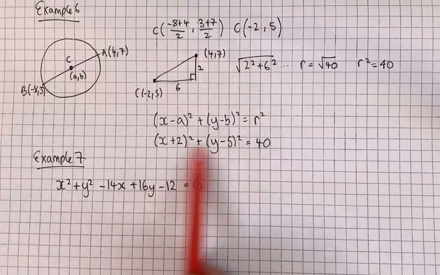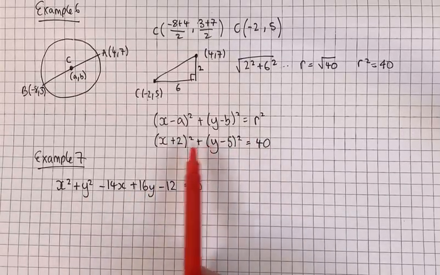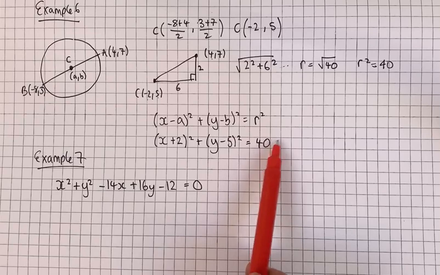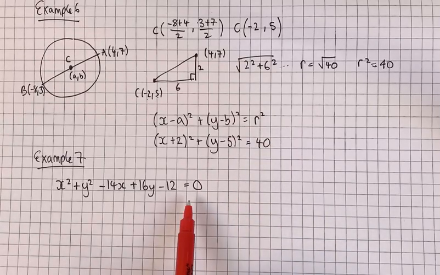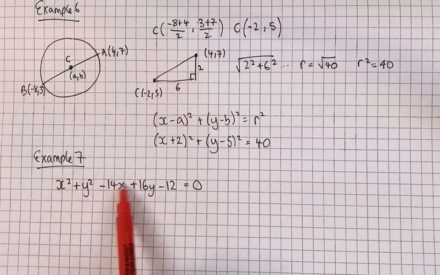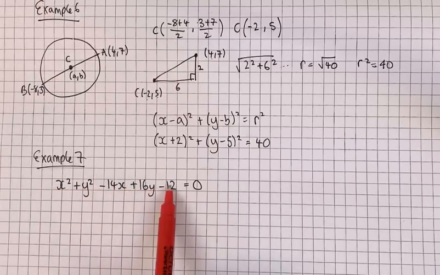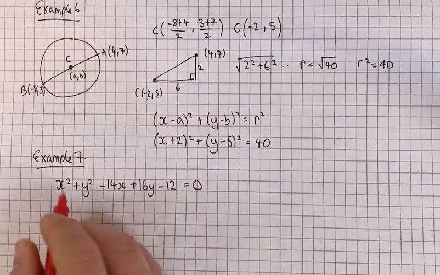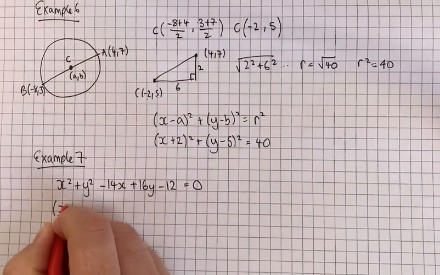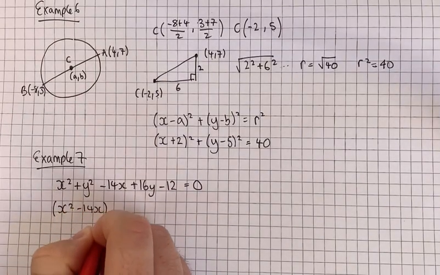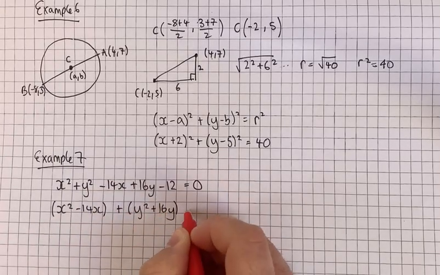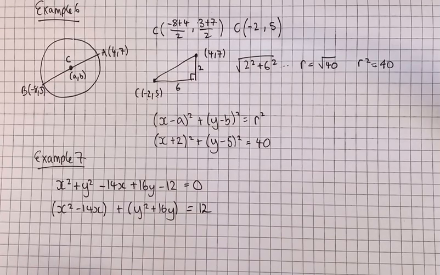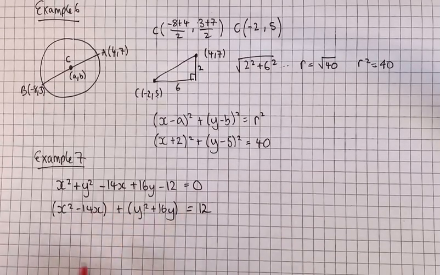So we need to put it in this form, and then we can pick off the centre and the radius, or the radius squared. So first thing we're going to do is rearrange it. So I'm going to gather up all the x parts and gather up all the y parts, and then stick the number to the right hand side. So that gives me x squared take away 14x for the x parts, y squared plus 16y for the y parts, equals 12. Next thing I'm going to do is complete the square on each of these brackets.